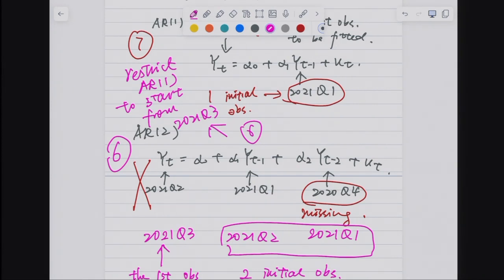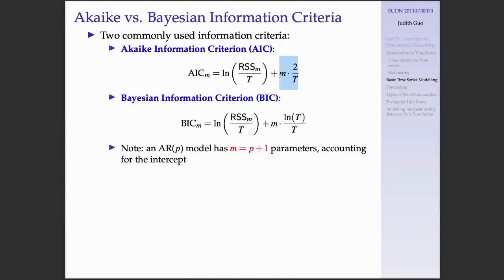The A doesn't stand for average. The A stands for Akaike. So the AIC has a penalty term, which is equal to M, the number of parameters, multiplied by 2 over the effective sample size, T.